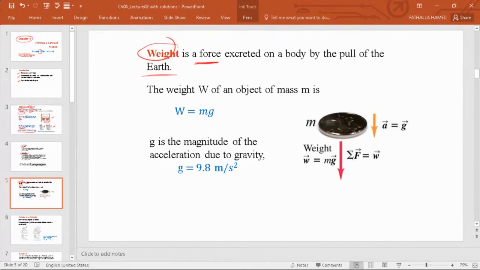So, for example, you have a dirham here of mass m, and you release it. It will fall down because of what? Because of gravity. And the gravity is pointing toward the center of the earth, which usually, in your case, is the vertical to the surface where you are.